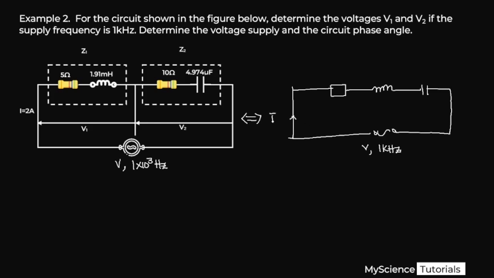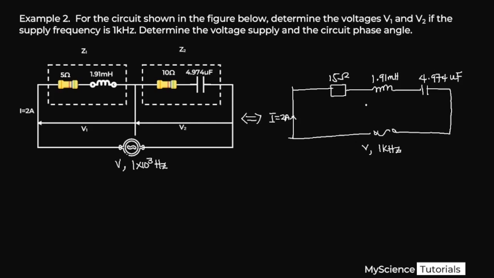We're also told that our current is 2 amperes, which is very generous of them. If we add 5 and 10, our total resistance will be 15 ohms. Our inductor is going to be the same, 1.91 millihenry, and we are going to have 4.974 microfarad as our capacitor.